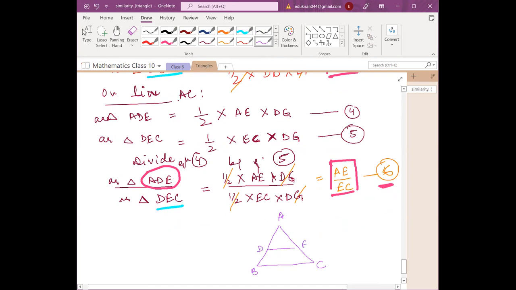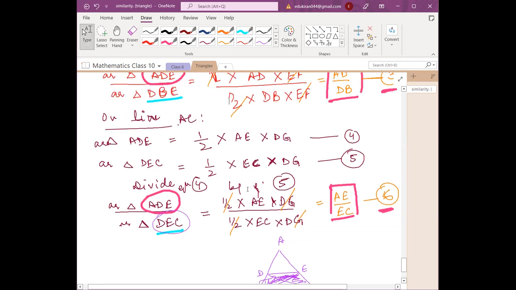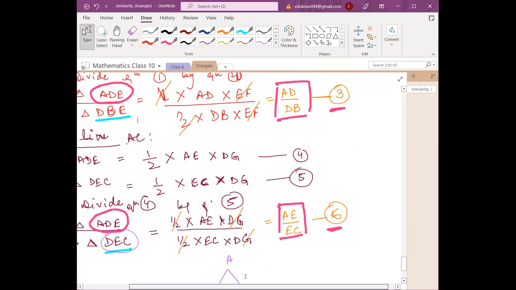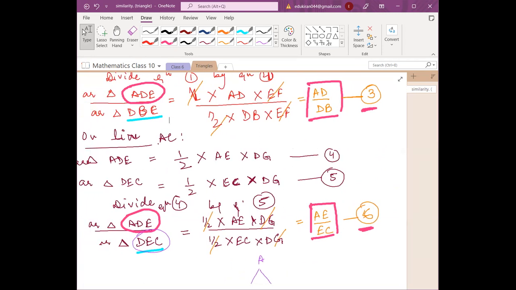So DEC means one triangle is this one, and the other triangle is BDE. These two triangles. Here is the difference, DEC and BDE. Somehow I'll try to show that the area of these two triangles is equal.